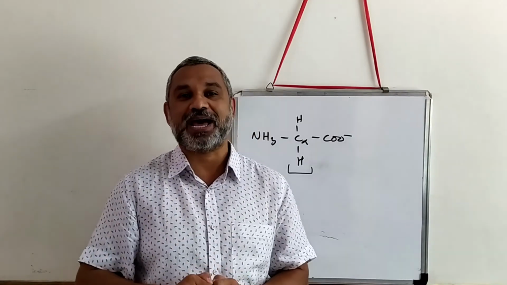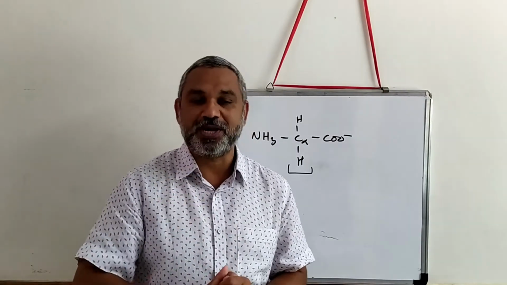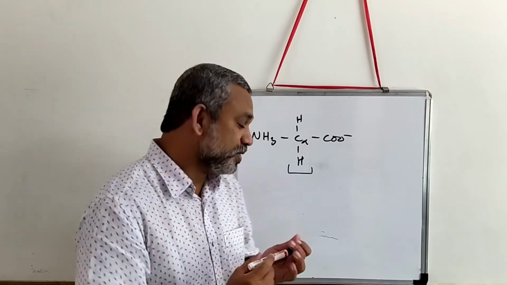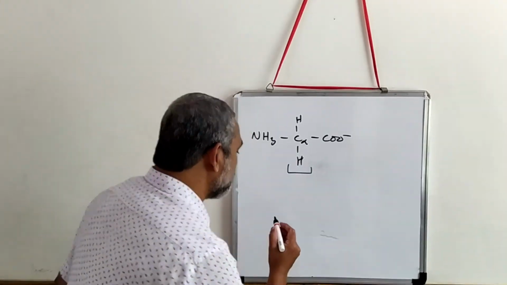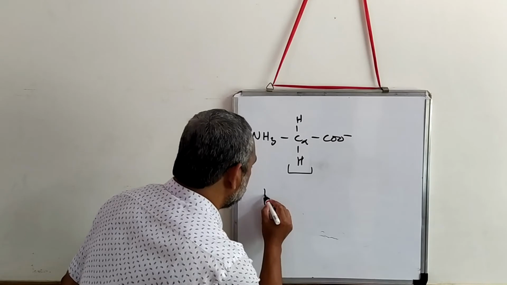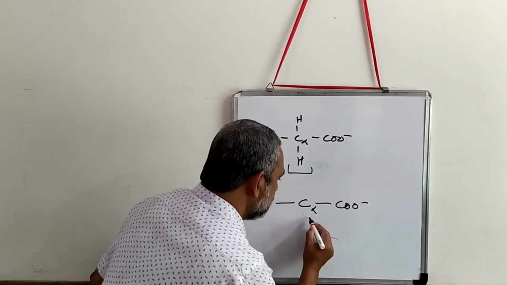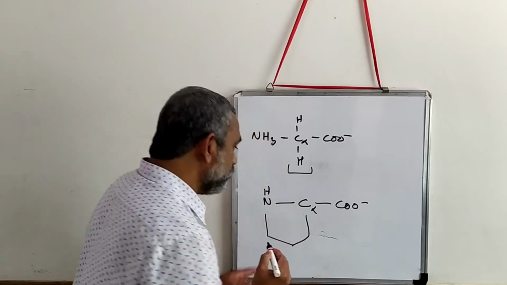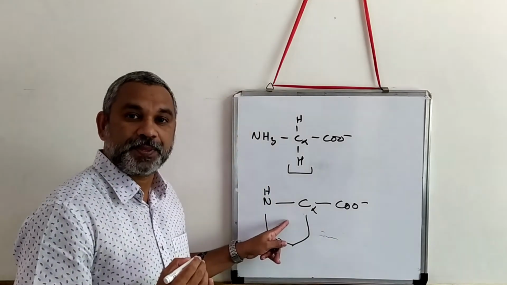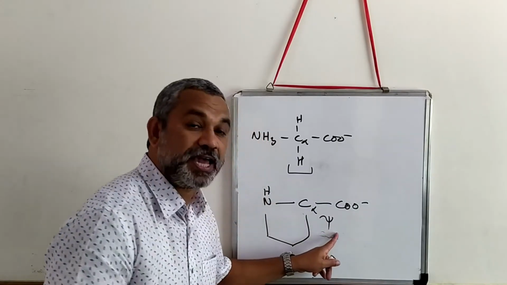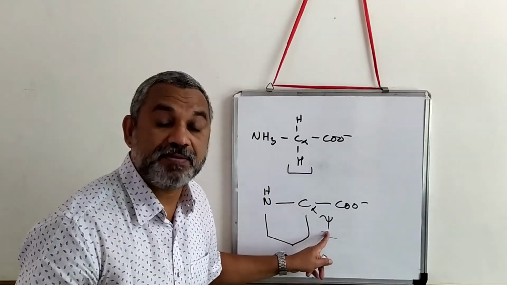Contrary to that, you have proline. If you look at the structure of proline, let me draw the structure of proline. This is C alpha. So this is the structure of proline. You can see that this is going to be the phi bond, and this the psi bond.